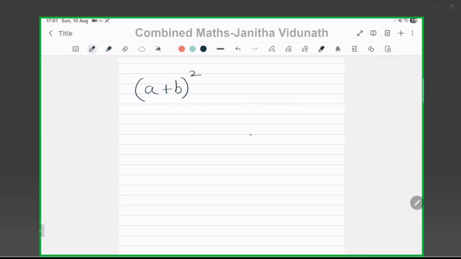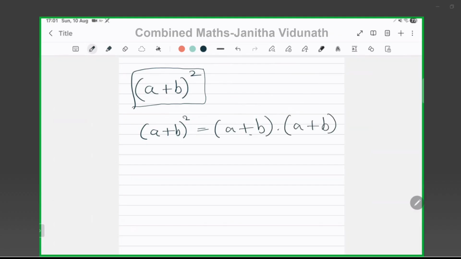Here we need to expand a plus b whole square. We can expand with our knowledge: a plus b square is a plus b times a plus b. Then we can simplify those brackets. We take this term and multiply the whole bracket, and then we take this term and multiply the whole next bracket.